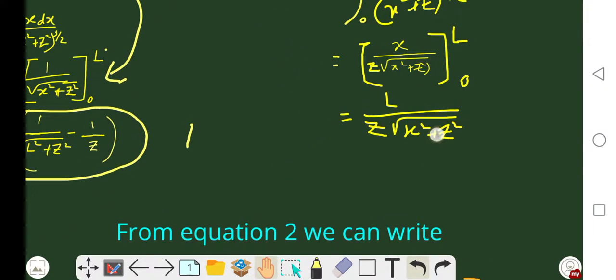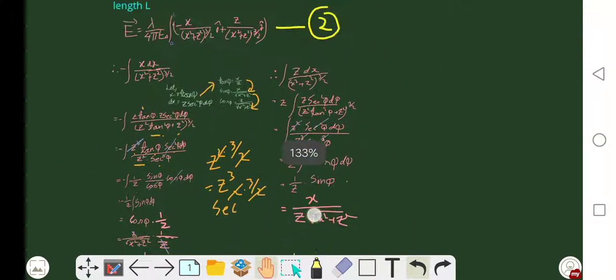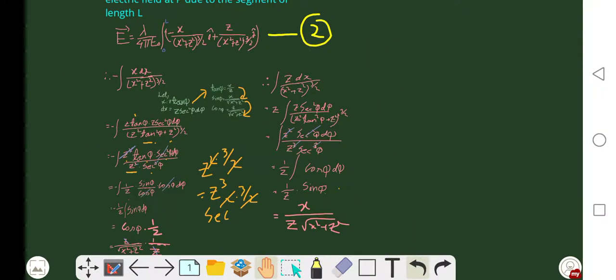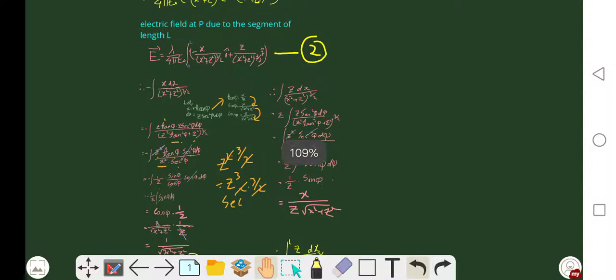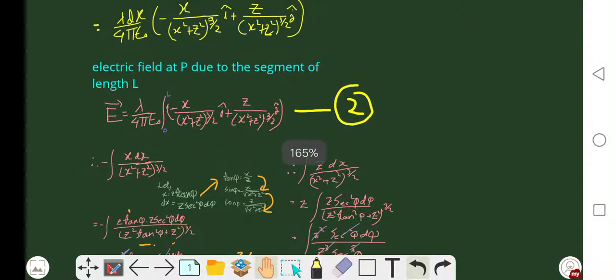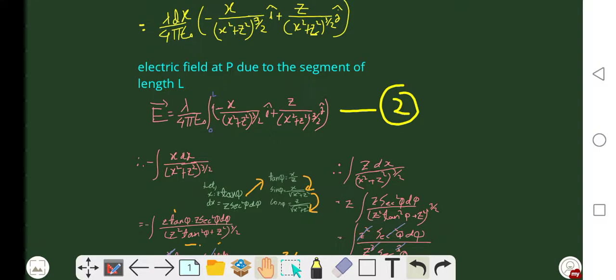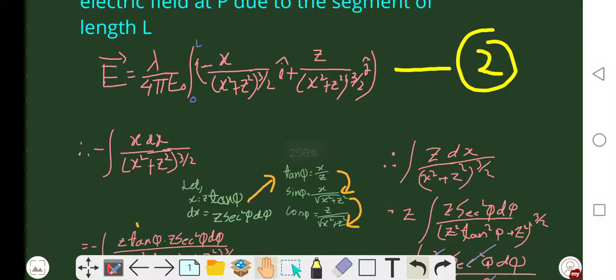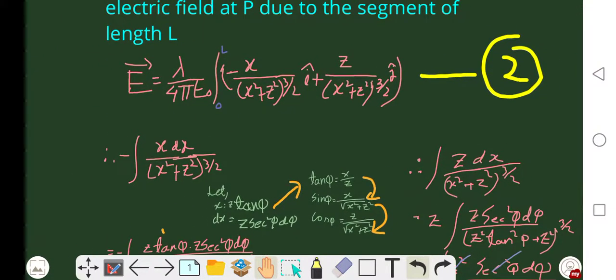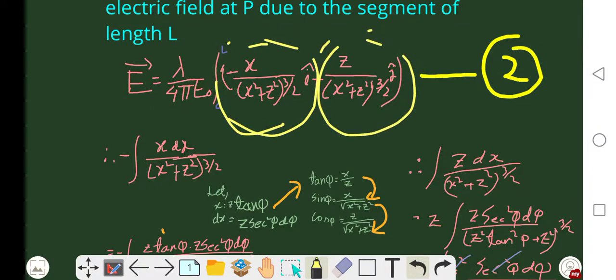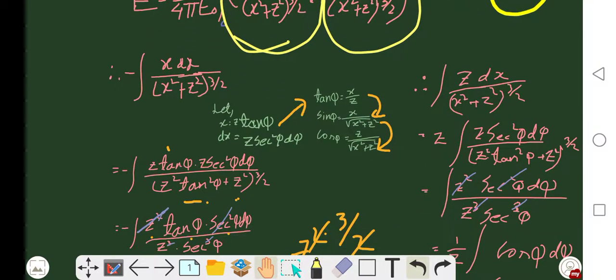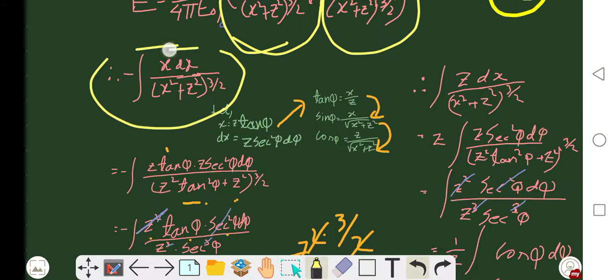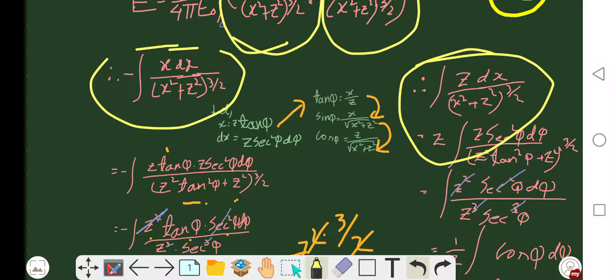And now from equation 2, with the limit 0 to L, we do the integration of this and this, and put them here.